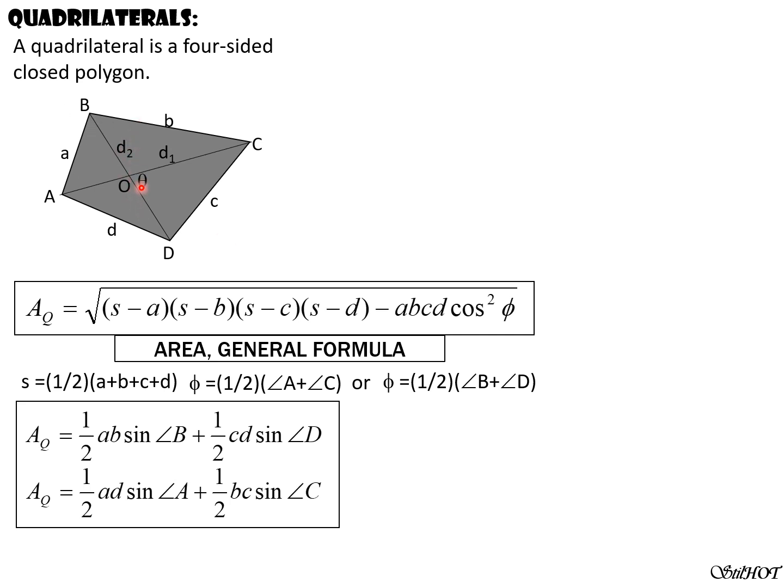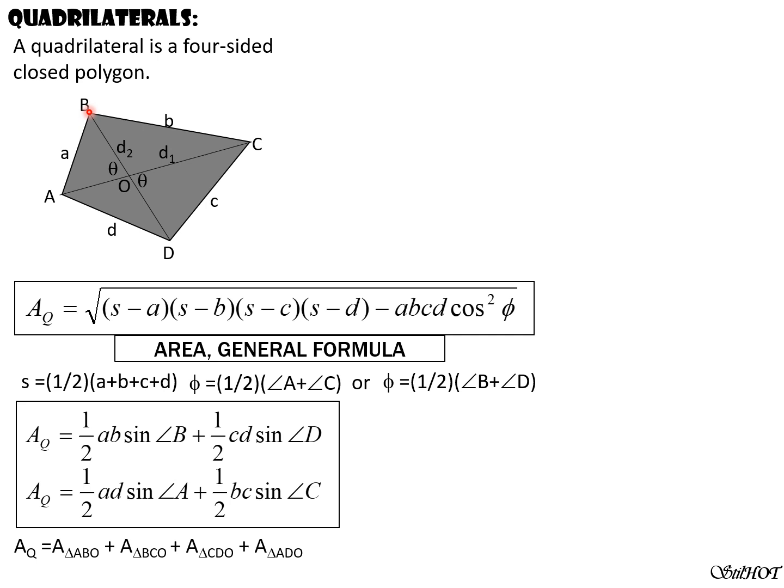Let's call that angle theta. The adjacent angle is 180 degrees minus theta, and these two are equal to theta. So the area of the quadrilateral is the area of triangle ABO plus the area of triangle BCO plus the area of triangle CDO plus the area of triangle ADO or DAO.